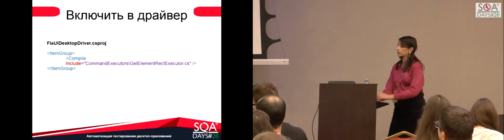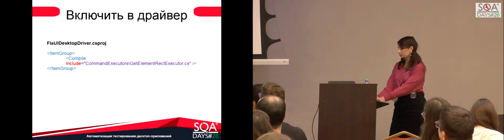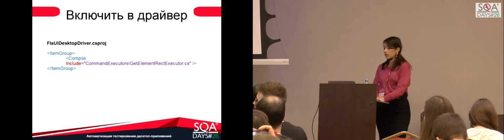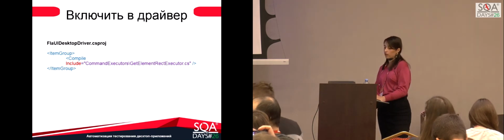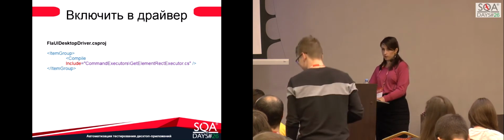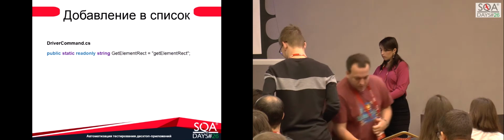Later on, we need to include the command into the driver's core. As long as our core is Flaui, then in the Flaui desktop driver class we need to add, after the group, the compilation of our command, our executor. It's quite straightforward here.